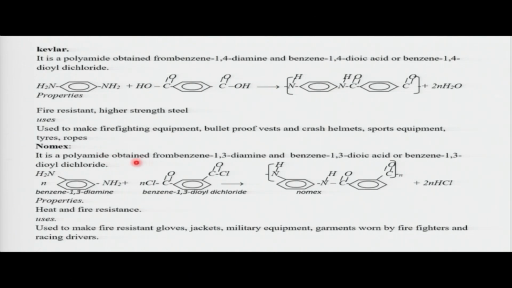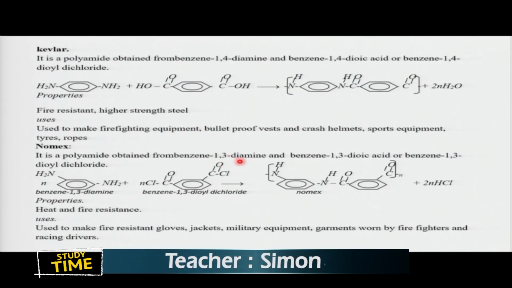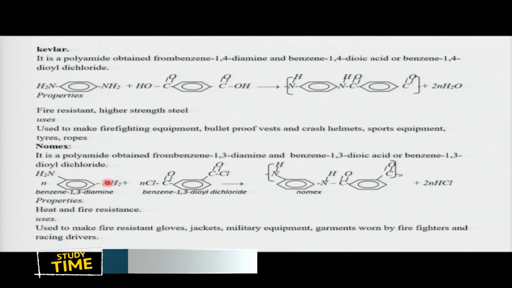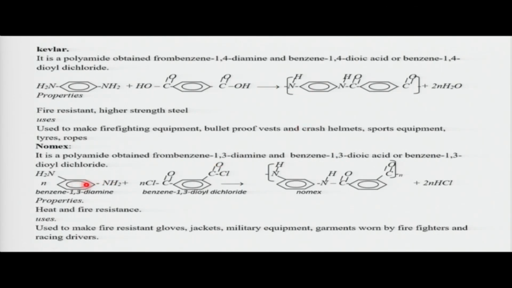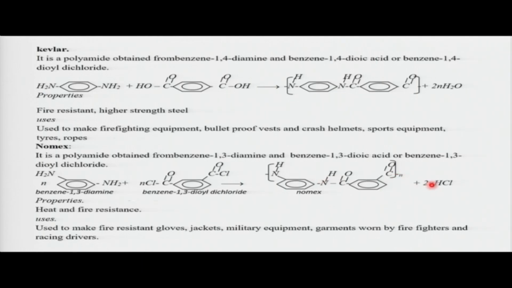Nomex also is somewhat similar to Kevlar, but the difference between Nomex and Kevlar is that this one is 1,3-diamine, and the other one is 1,4-diamine. But they are all obtained from a diamine and a dioic acid. So this time we are using a diol, but it can also be a dioic what? Acid. And you see even here in our illustration that our product is actually HCl, and here it is what? Water.